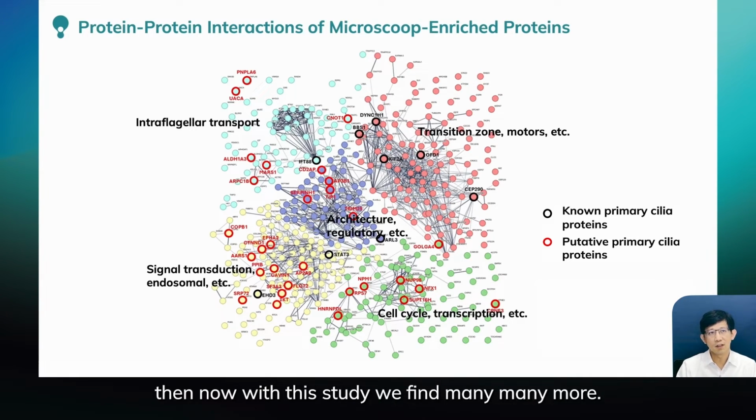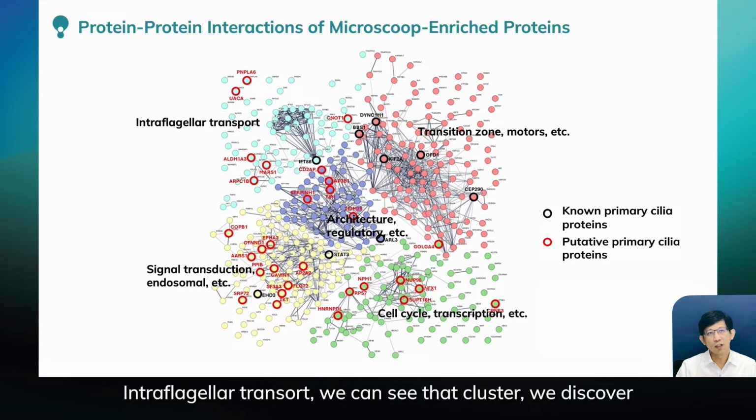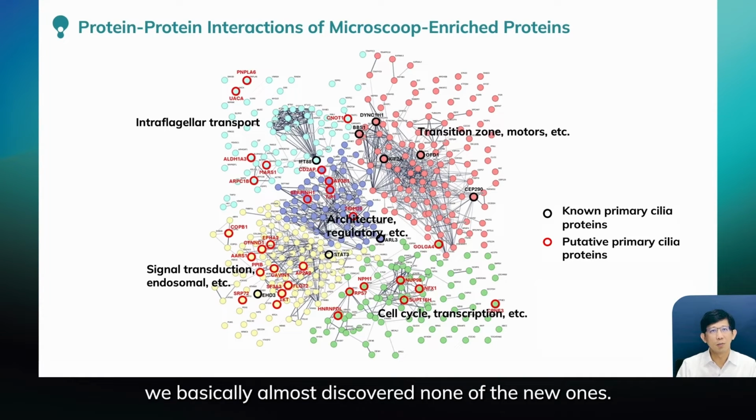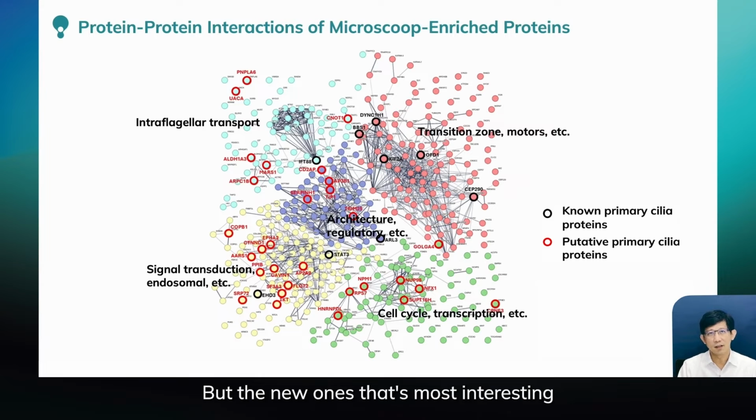Now with this study, we find many more. Intraflagellar transport, you can see that cluster, we discovered no new ones because there's been detailed, careful study. Transition zone as well, we basically discovered almost none of the new ones. But the new ones are the most interesting for people to go further, that people probably couldn't do with other technology.